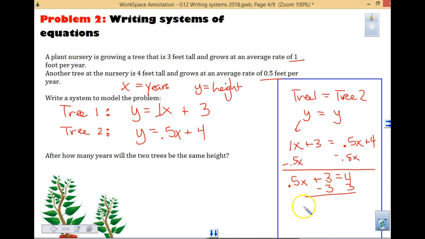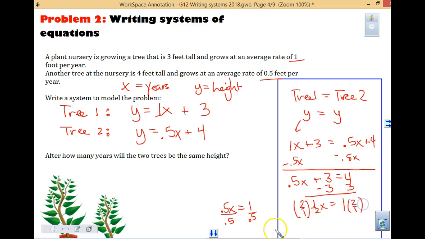So as we take a look at our equation, we have 0.5, or if you wanted to write it as a fraction, 1/2 x is equal to 1. If you have 0.5x equals 1, you are going to divide both sides by 0.5. 1 divided by 0.5, or in this case, I'm thinking of multiplying by 2 over 1.